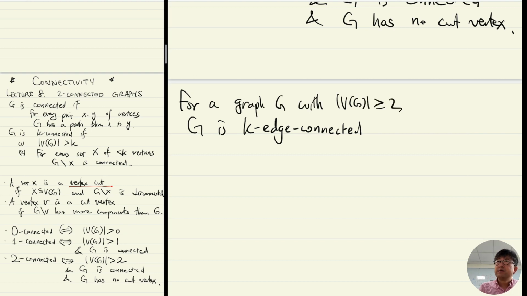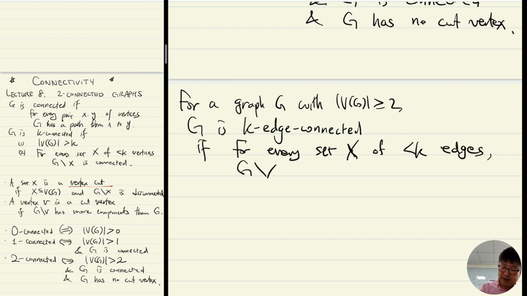So when do we say a graph is k-edge-connected? If I delete fewer than k edges, the graph is still connected. So for every set X of fewer than k edges, G delete X is connected. So it's a similar definition.